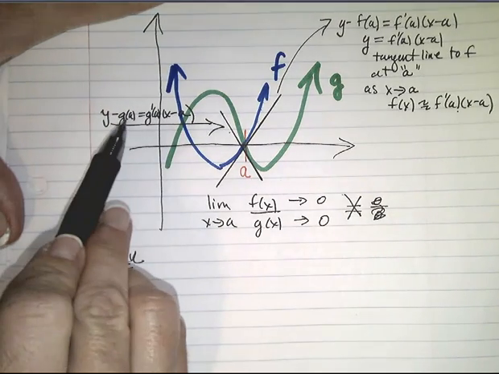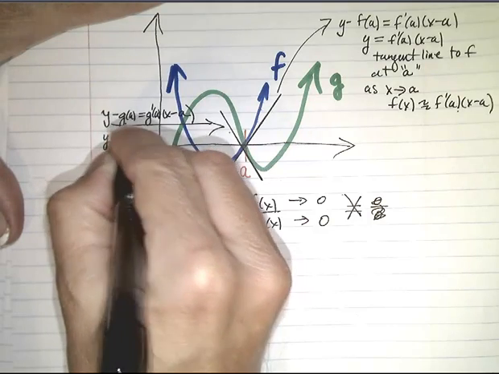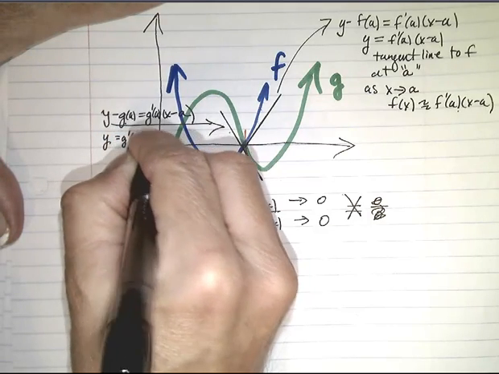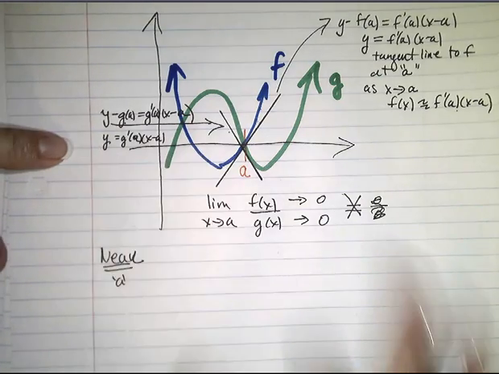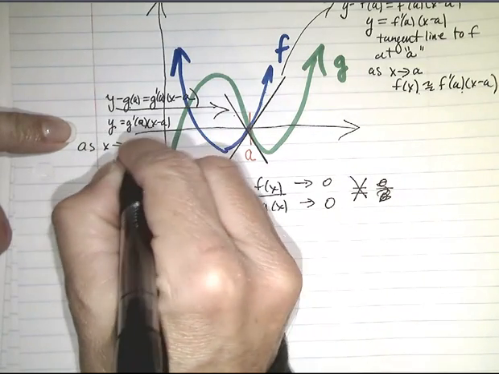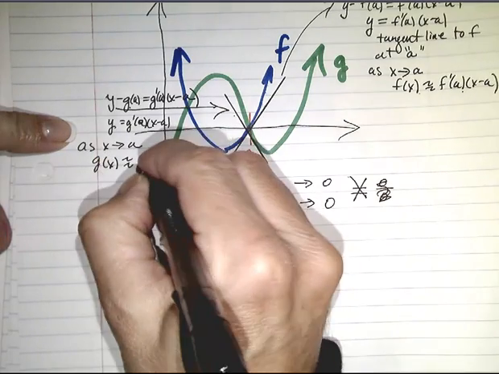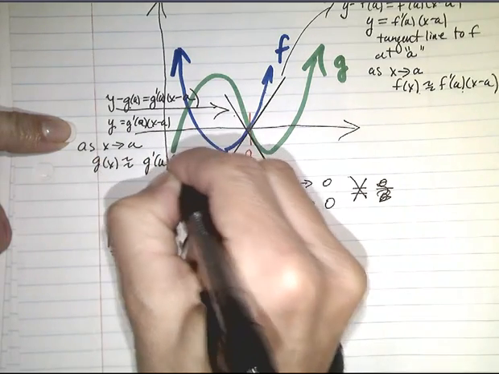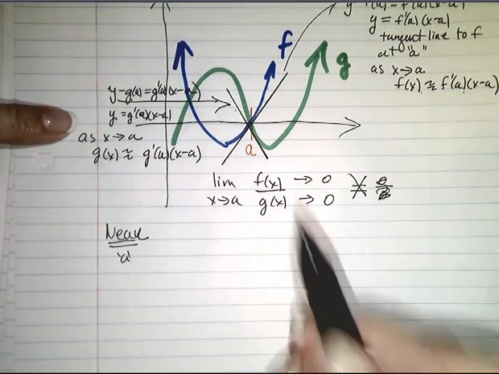And likewise, g of a is 0, so really y equals g prime of a, x minus a. So that's the tangent line to g at a. And we can make the same conclusion here: as x goes towards a, g of x looks a lot like its tangent line at a. So that's actually going to help us here.